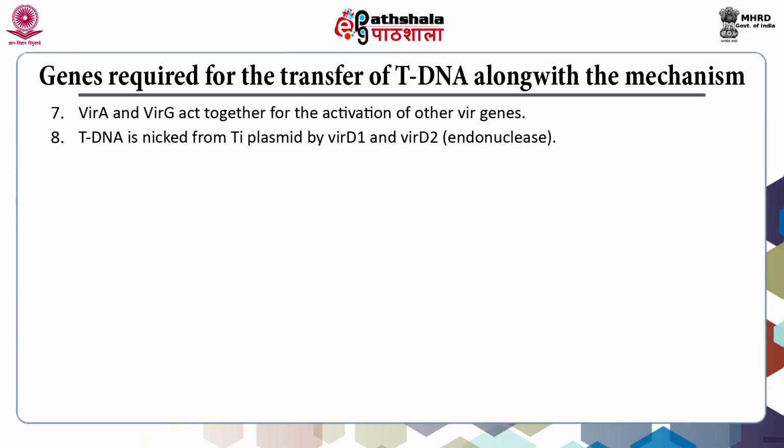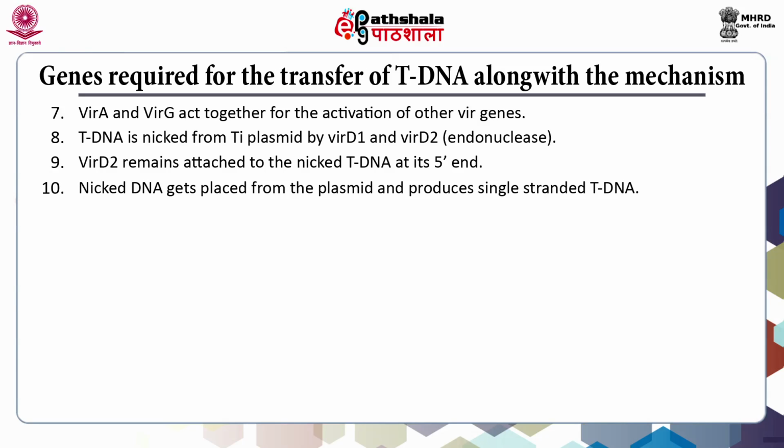tDNA, that is transfer DNA, is nicked from the Ti plasmid by VirD1 and VirD2. This is very important: VirD1 and VirD2 are endonucleases. Next, VirD2 remains attached to the nicked tDNA at its 5' end.